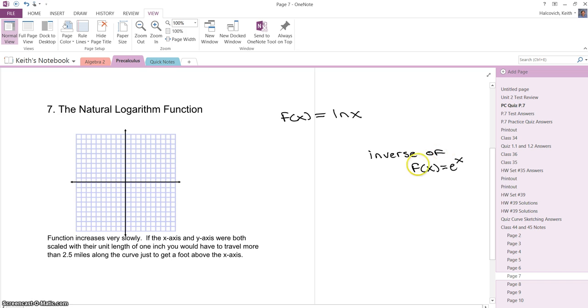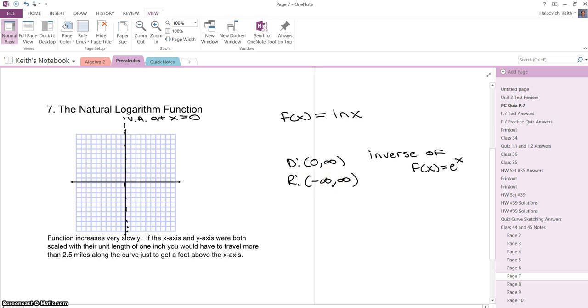So because it's the inverse, remember domain and range are just going to flip. So the domain is going to be greater than 0, and the range is going to be all real numbers. And since you had a horizontal asymptote in the last one, this one's going to have a vertical asymptote at x equals 0.